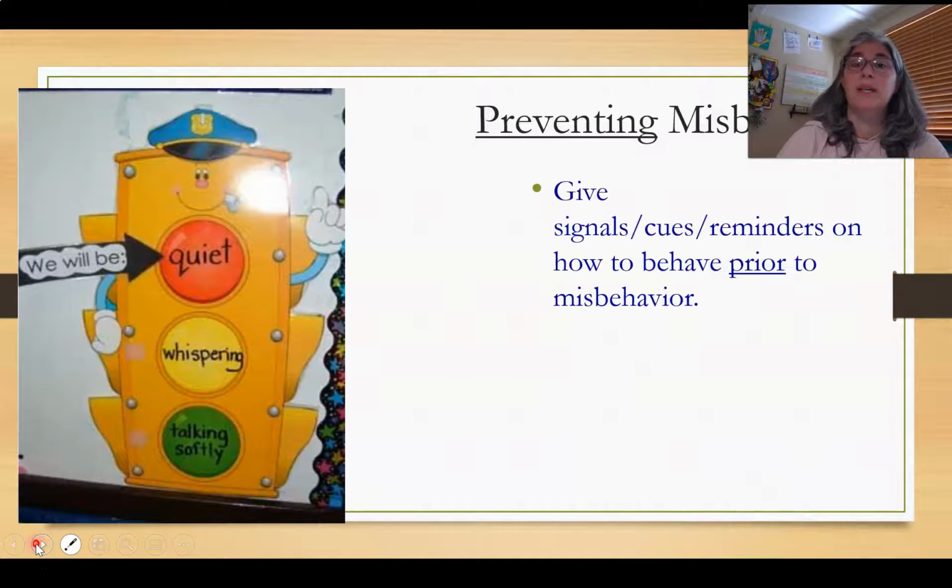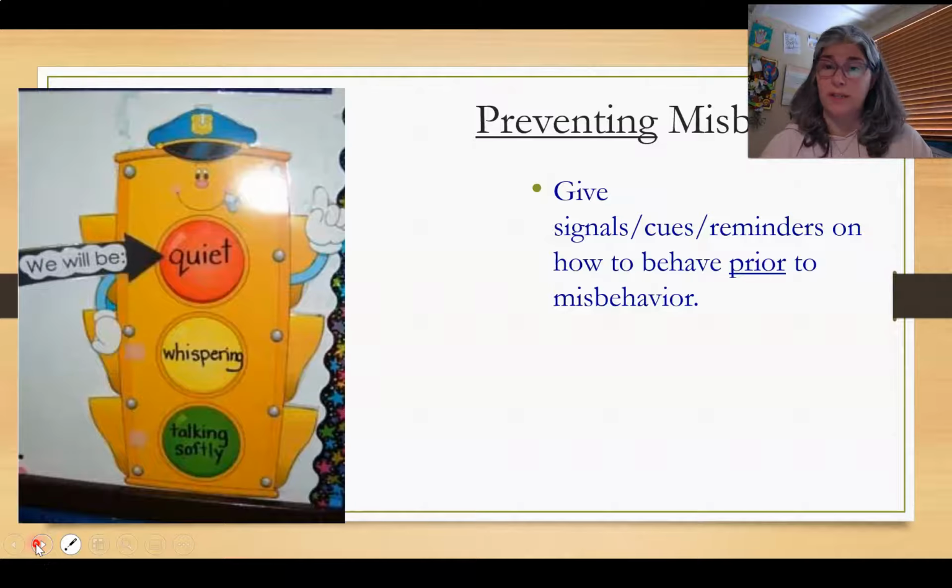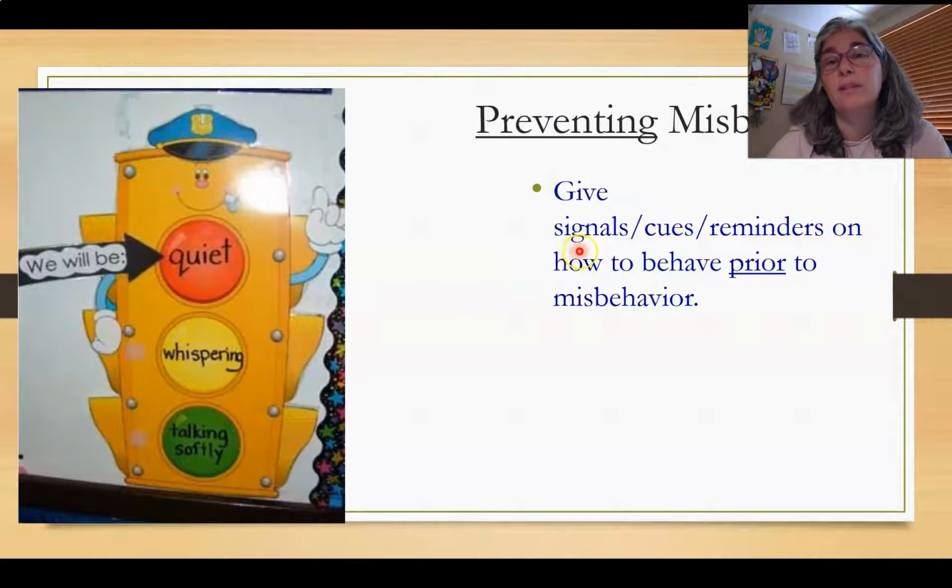Something else you can use is signals and cues and reminders. So before misbehavior gets out of hand, or prior to it, when you're in a situation you think misbehavior could occur because maybe they're getting ready to do group work or they're in a transition, give these students a signal, a cue, or a reminder on how they should behave.